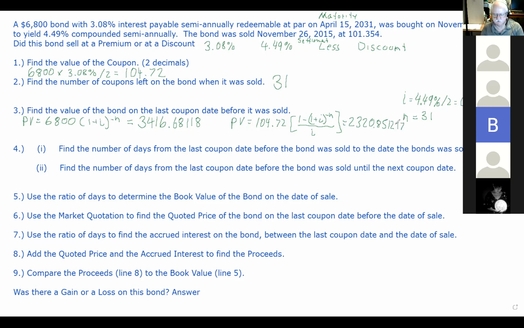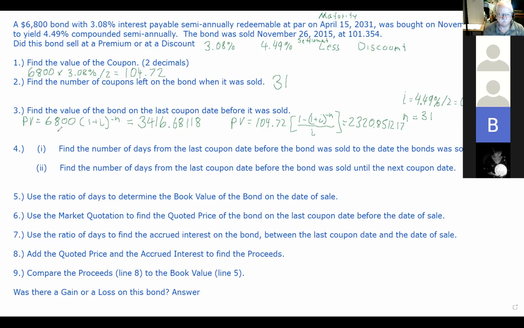2320.851217. So now we have to add those two together. So 3416.68118 plus 2320.851217.